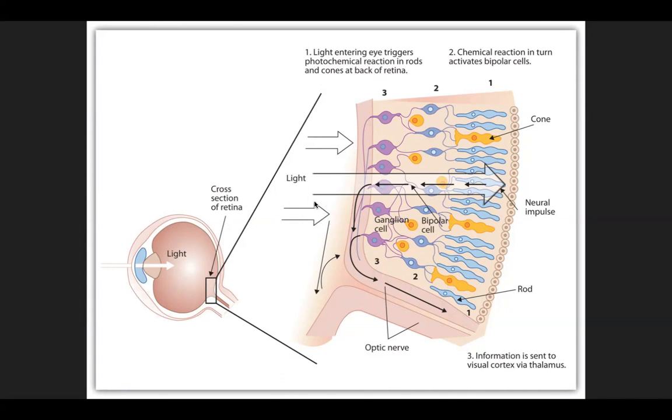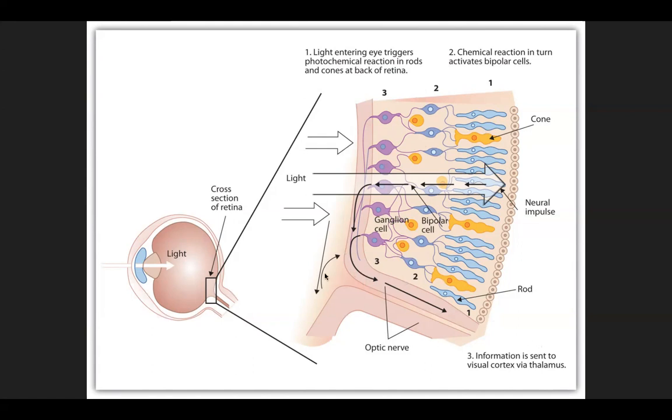But as you can see, light enters this way, and it actually passes all these ganglion and bipolar cells before landing on these photoreceptors, which then triggers chemical reactions in these photoreceptors, which in turn activates these bipolar cells, which activates these ganglion cells, which then converge together to make the optic nerve, where information is sent to the visual cortex.